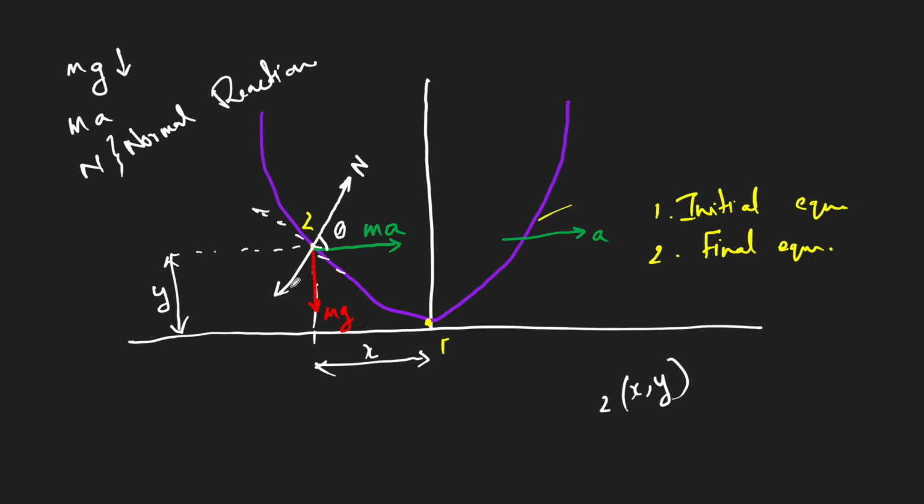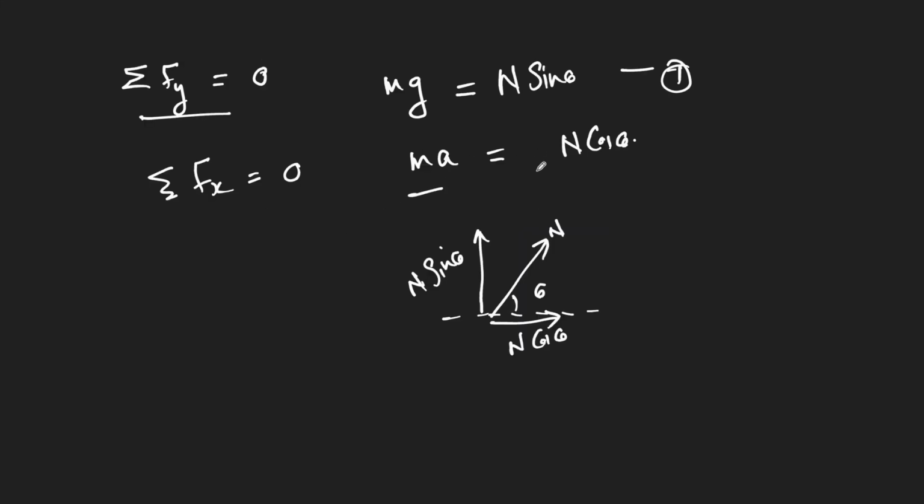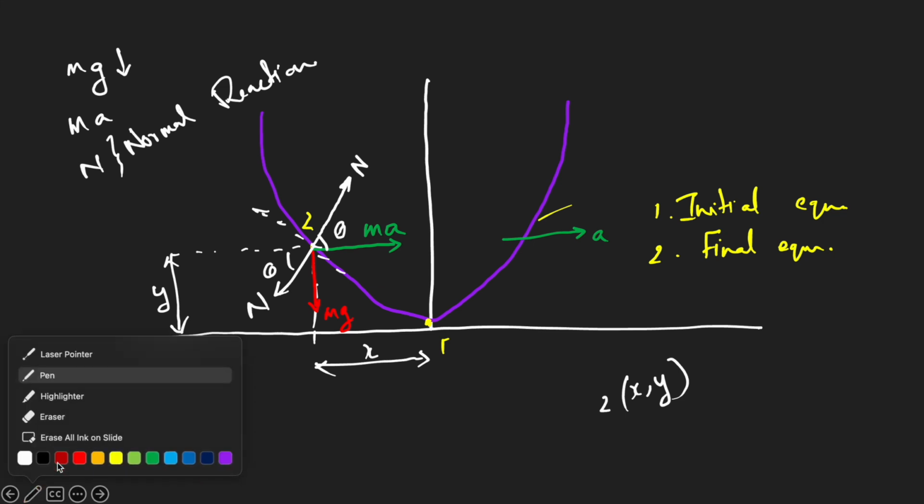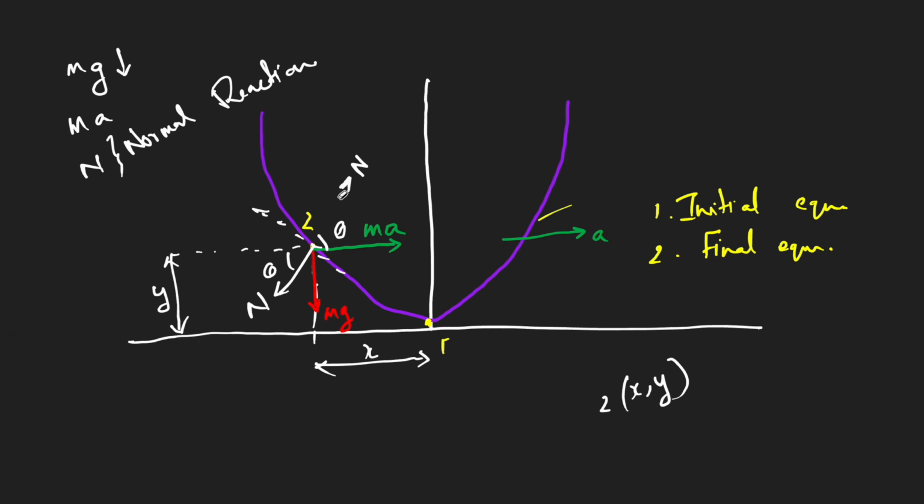N might have been acting like this, I don't know, but I'm just putting this direction. You can see the N cos theta and ma must balance. Then only it can be in equilibrium, right? Or maybe you can consider N must be acting in this direction. Then only this ma can be balanced. As you solve the problem, things can be altered, things can change. So right now I'm putting N like this.